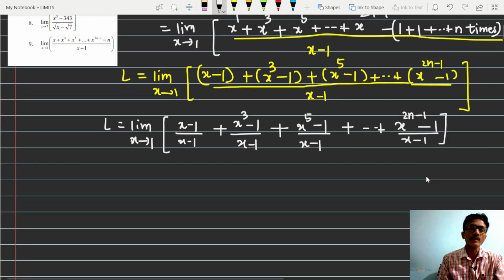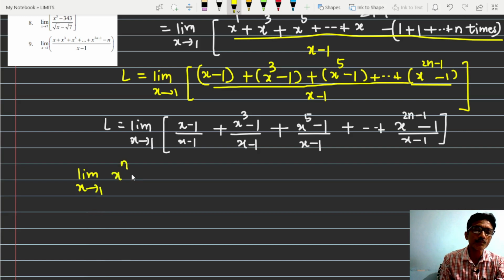Now remember limit x tends to 1 x raised to power n minus 1 upon x minus 1, that is equal to what?